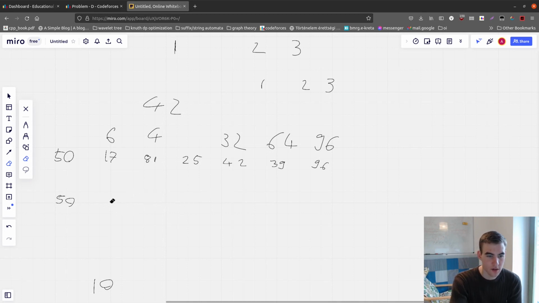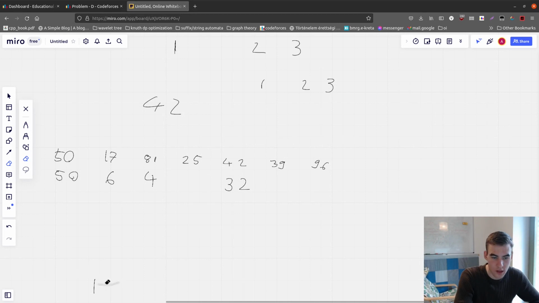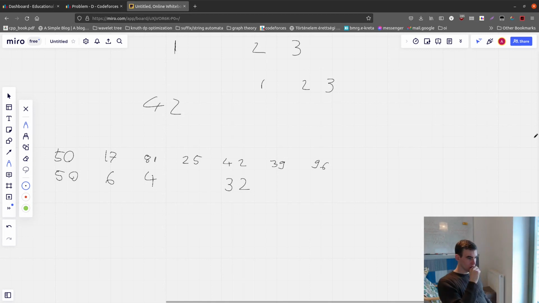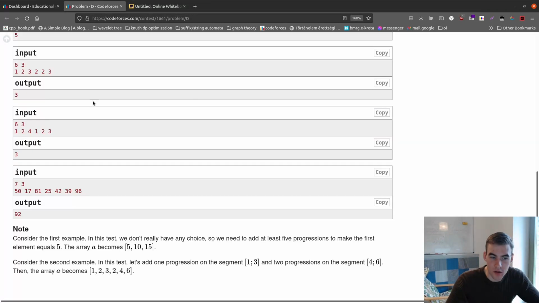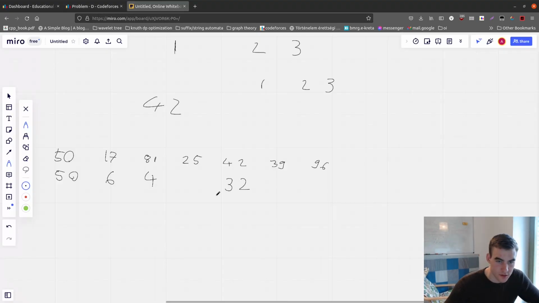So let's just write down how many progressions I start from each position. From here I start 50, 6 I start 4, I start 32. And that seems to work. For each position, so let's say here, I know it's 3 times 6 plus 2 times 4.